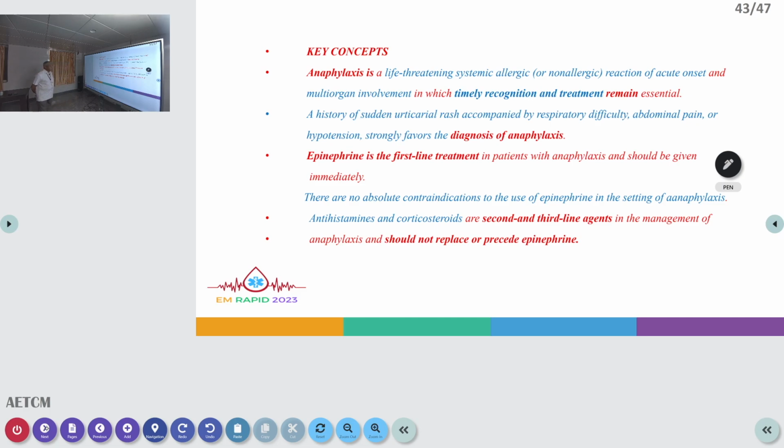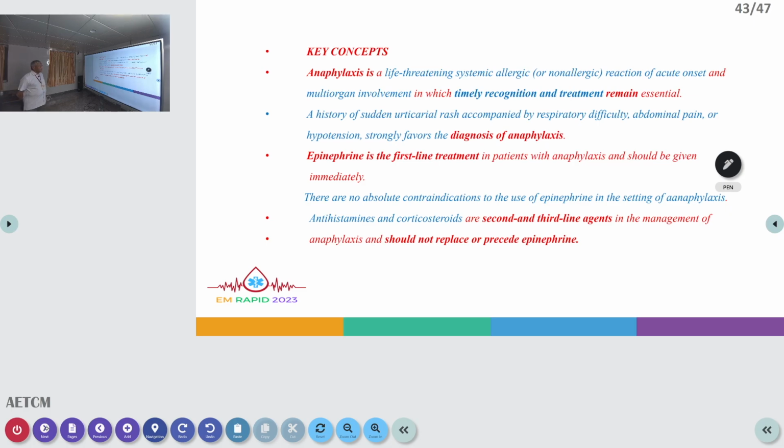At the end, to sum up, anaphylaxis is a life-threatening systemic allergic or non-allergic reaction of acute onset, and it involves multiple organs, needing immediate recognition and prompt treatment. A history of sudden urticarial rash accompanied by respiratory difficulty, abdominal pain or hypotension strongly favors the diagnosis of anaphylaxis.